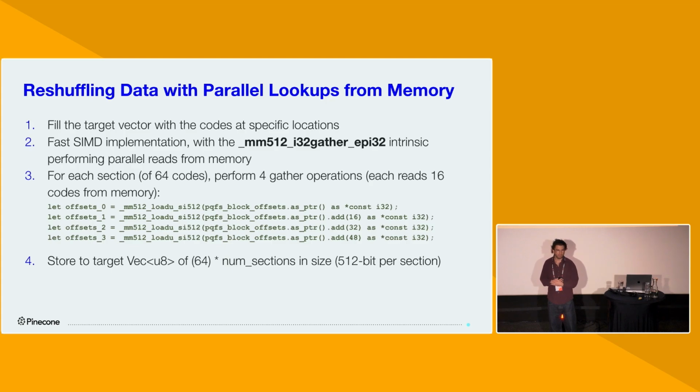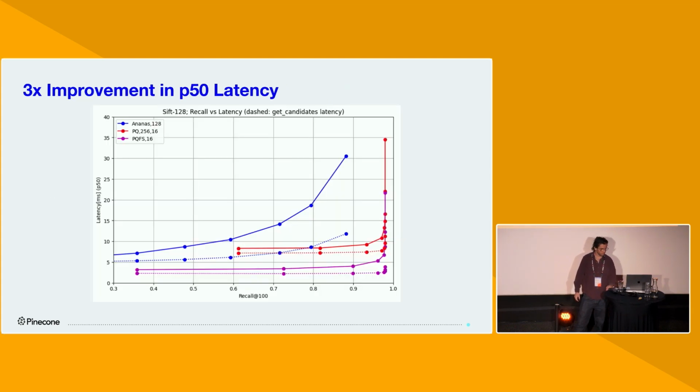And we actually also use SIMD for this because it allows us to just pull in all the data at once, do some manipulation to produce the representations we want, and then put it into a byte array. So how much does this help us? 3x, compared to a naive product quantization implementation in Rust.